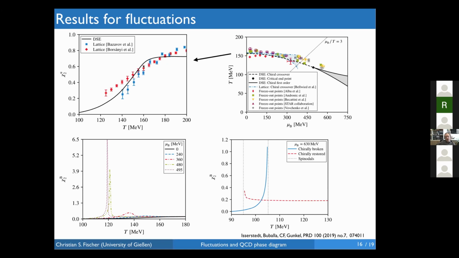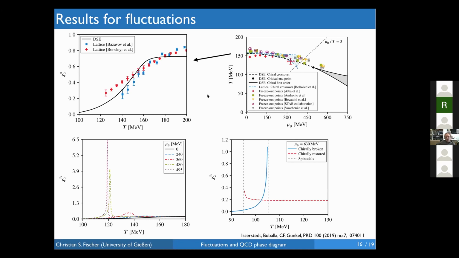And then at some point for high temperature, the way our results behave, I would say, is not in very good agreement with the lattice. And we can directly track that back to the ansatz that we used for the quark-gluon vertex. So this has to be investigated again for higher quality truncations, which include explicitly the results from the vertex equation. But below T_C, we have reasons to believe that our results are actually quite good.